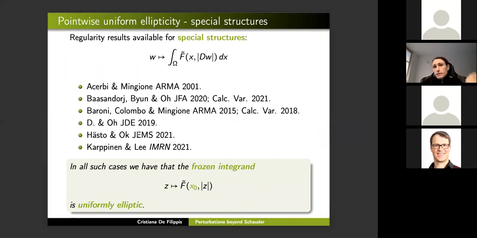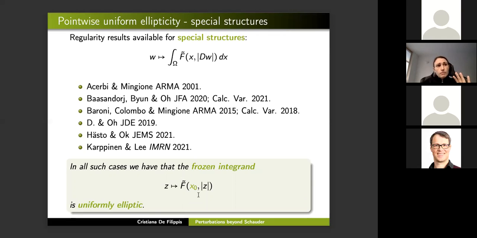Prominent examples, I repeat, double phase, P of X, and any kind of combinations of this kind of energy. All these models were recently generalized in a paper by Ok and Doc, but the crucial point is always that all those structures are pointwise uniformly elliptic.